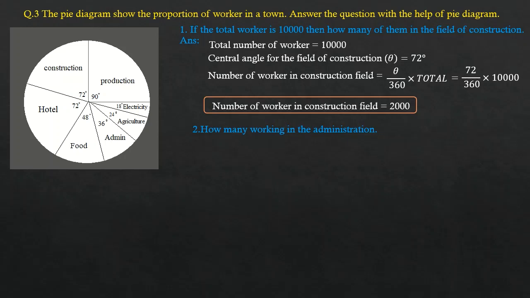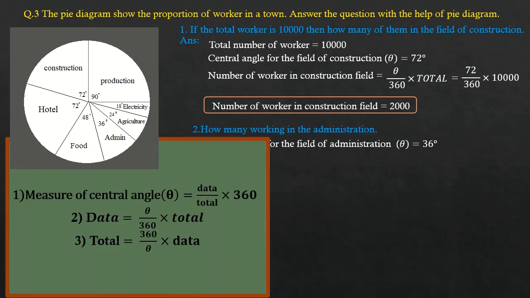Second question, how many workers in the administration? So again the same, total remains the same, total number of workers is 10,000, तो आपको फिर से लिखने की ज़रूरत नहीं है. What is the central angle for administration? So if we check, the central angle for administration is 36 degrees. Again we have to find out data for administration. तो out of these three we use the second formula जिसका हेल्प लेके हम डेटा फाइंड कर सकते हैं.